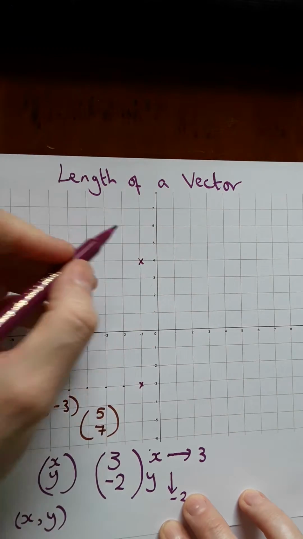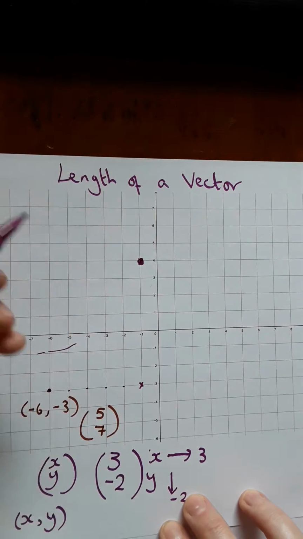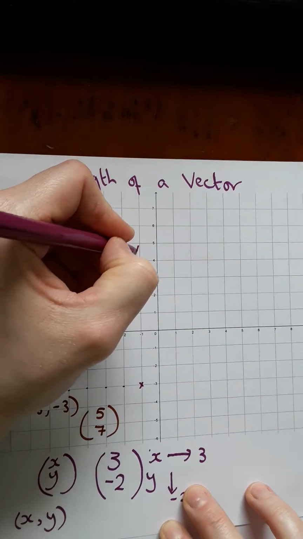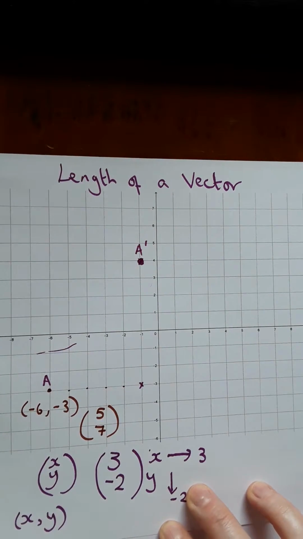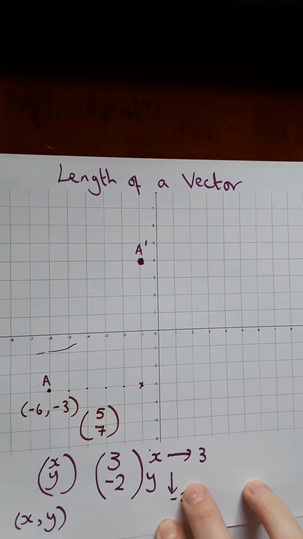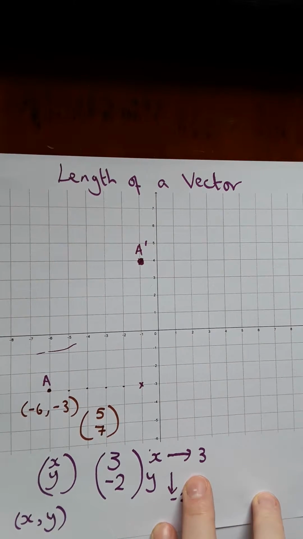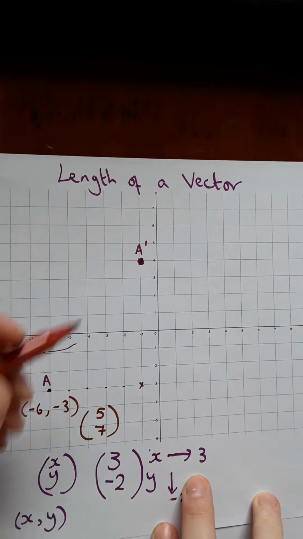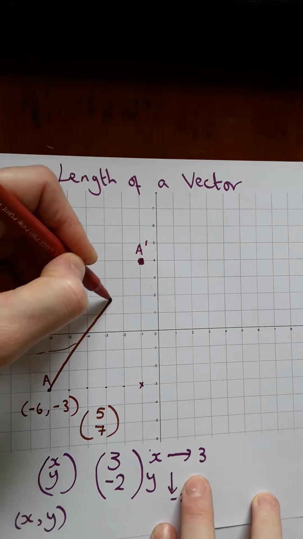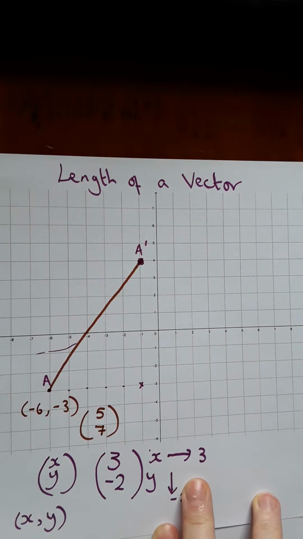Okay, so my actual final point, which if this was labelled A, this would be in the image of A. So I put dash to show that it's my new A. And what they might do is ask you to find the distance between your original A and your A image.